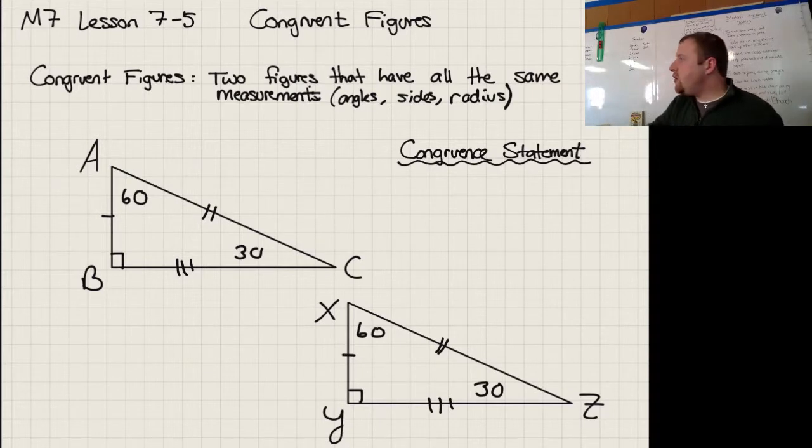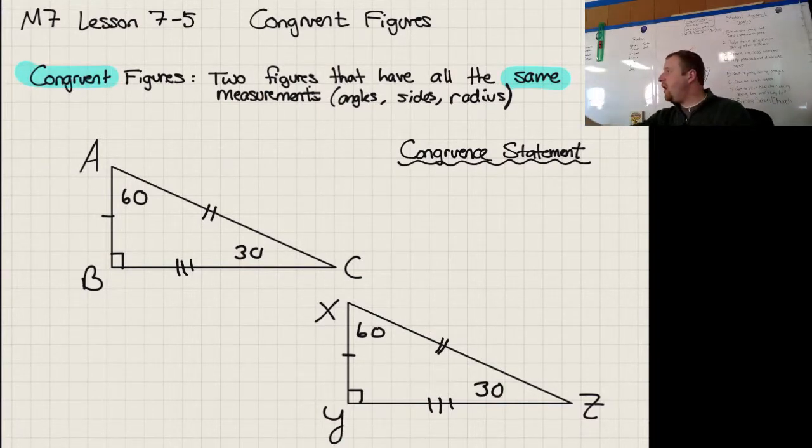All right, the first thing I do when I'm writing a congruence statement, it's a statement that tells me which two things are congruent. Remember, to be congruent means the same. So I'm going to kind of highlight that right up here. Same, congruent. Those two things kind of work together.